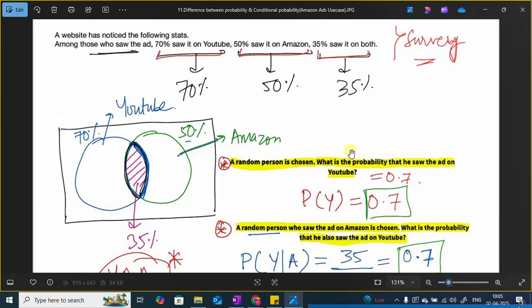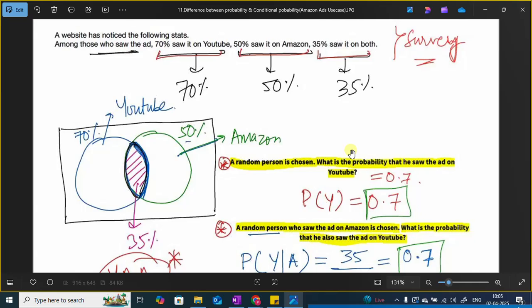Generally they are running an Amazon ad to bring the customer onto their website so that people will do online shopping or whatever, so that they'll make the profit margin. So they are saying 70% of the people are seeing the ads on YouTube, 50% of the people are seeing the ad on the Amazon website itself, and 35% of the people are seeing both.